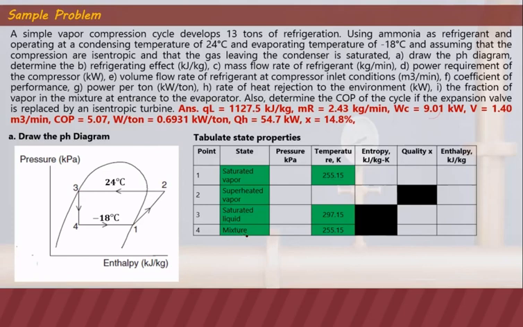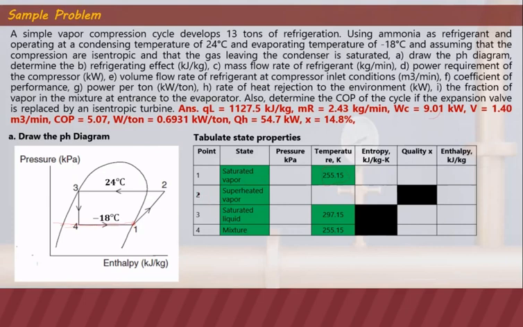Also, based on the given, we are given the temperature at point 1, since this is the temperature on the evaporator side. That's negative 18 degrees Celsius, so just add 273.15. That's why we have 255.15 here. This is the temperature at point 1. Take note that the temperature at this point here is just the same because this is a saturated region.